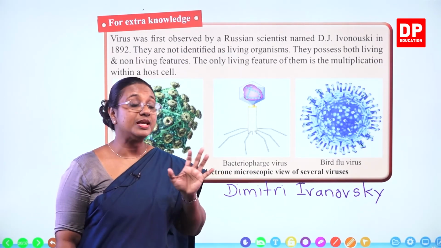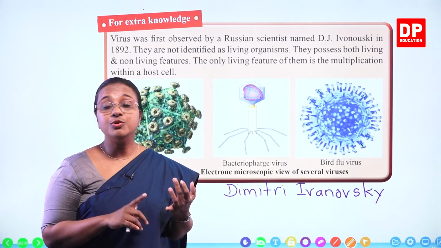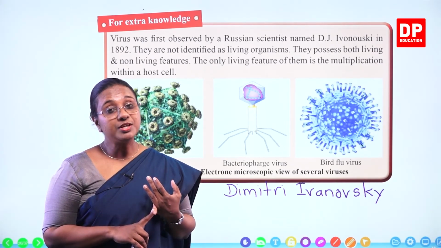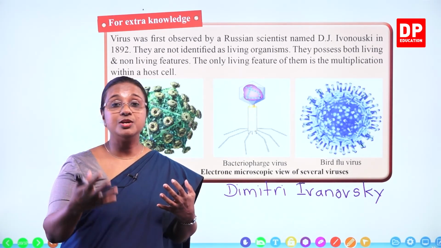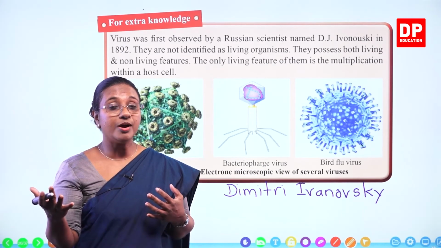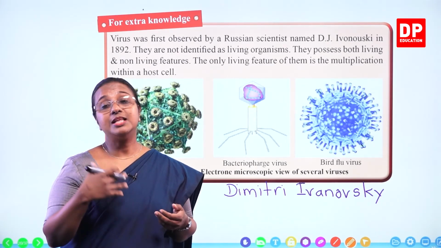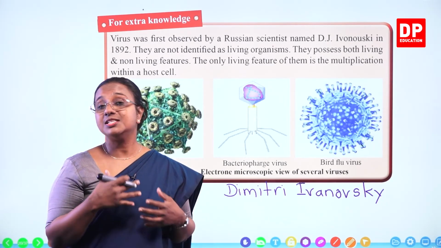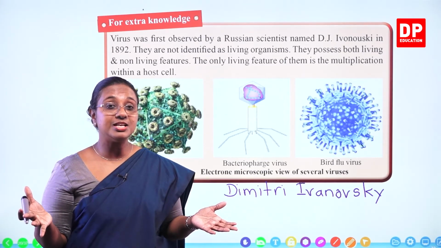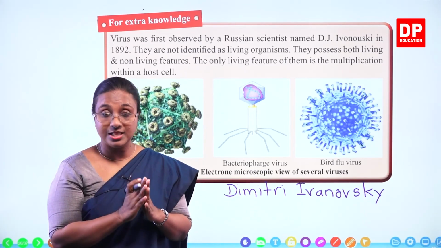Why? You all know, because they don't show many of the living characteristics. They don't have a mode of nutrition, or they don't produce their food, like they are not autotrophic or heterotrophic or anything. At the same time, they don't respire, they don't have metabolic activities, they don't have a cellular organization. So most of the living characteristics are not there.